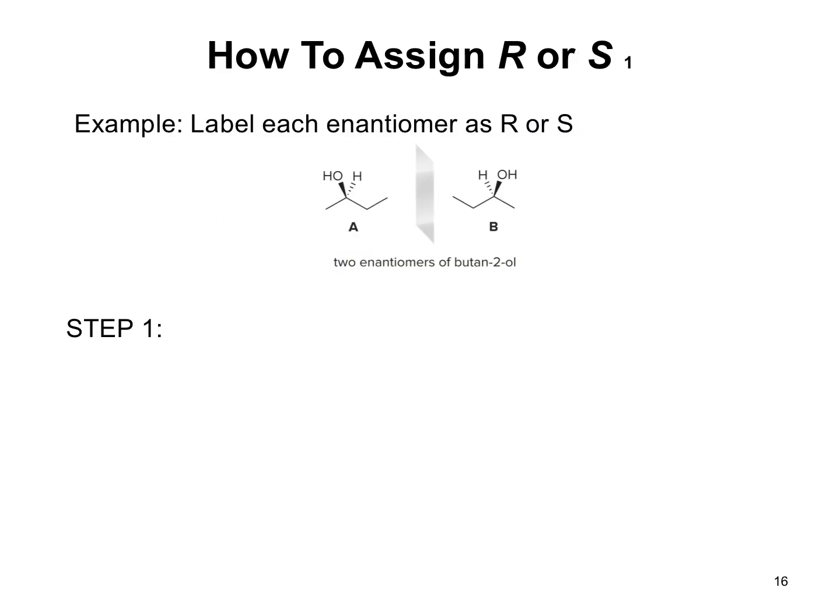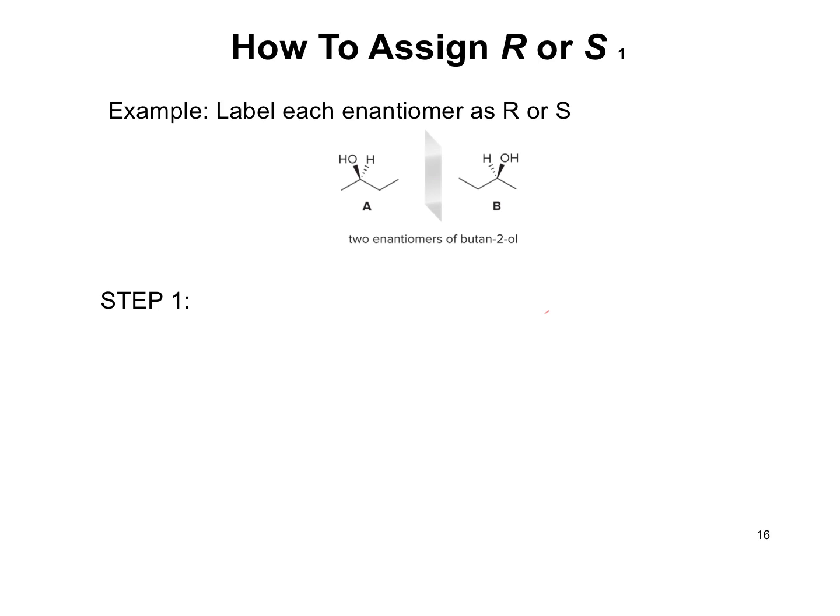So to assign R and S, to label these enantiomers, we need to follow a few steps. So this is an example. We're going to label the enantiomers shown here as R or S. And the first step is you assign priorities. Right? So when we look at this and assign priorities, hydrogen here is 4.